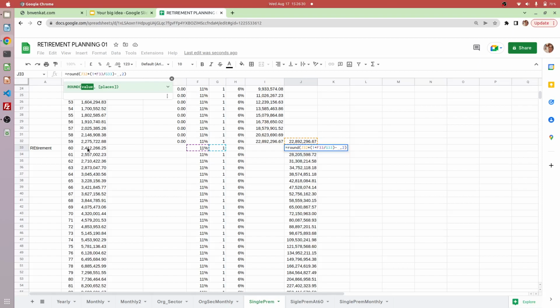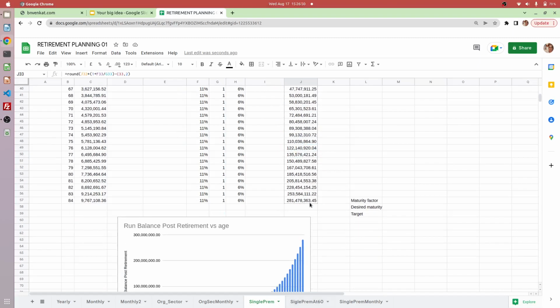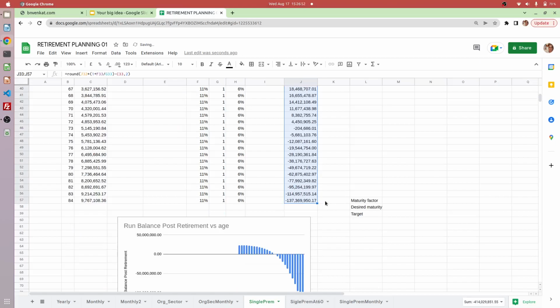Corresponding to 4 lakh at age of 30, at age of 60, at the time of retirement, we have to have 24 lakhs. This, and we'll copy this field below. Now this is negative. 1 lakh is too small, therefore we are having a negative figure.